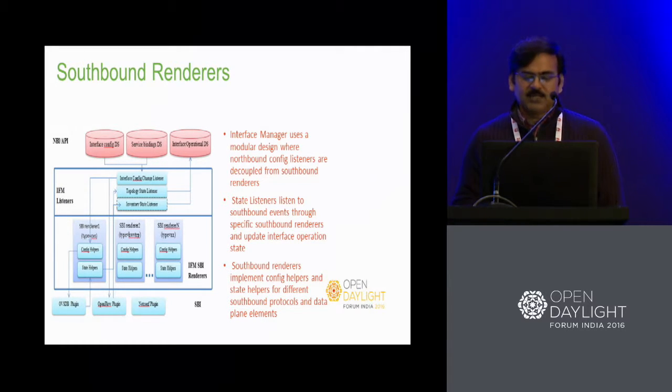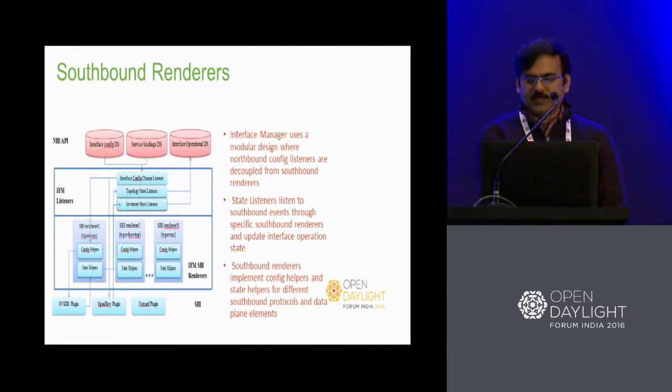And the third part is southbound renderers. If you see, the southbound renderers are actually decoupled from the listeners or the API part. For example, right now we have our OVSDB renderer or OpenFlow renderer. If there is a different southbound protocol, you can simply create a southbound renderer here and attach it to the listener interfaces.